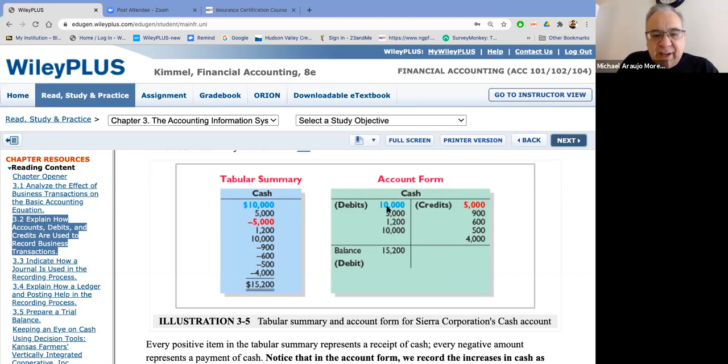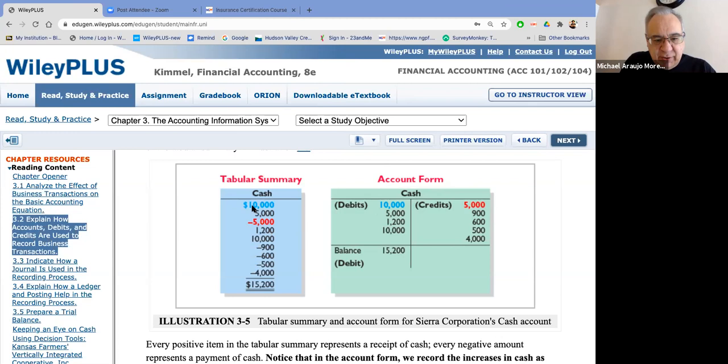The left side of the cash account shows where we have moments in which we had more cash. So that's the debit side of the cash account. The left side of the cash account is where we put the numbers to indicate we have more cash. The right side of the cash account, which is the credit side, these numbers show when we have less cash.